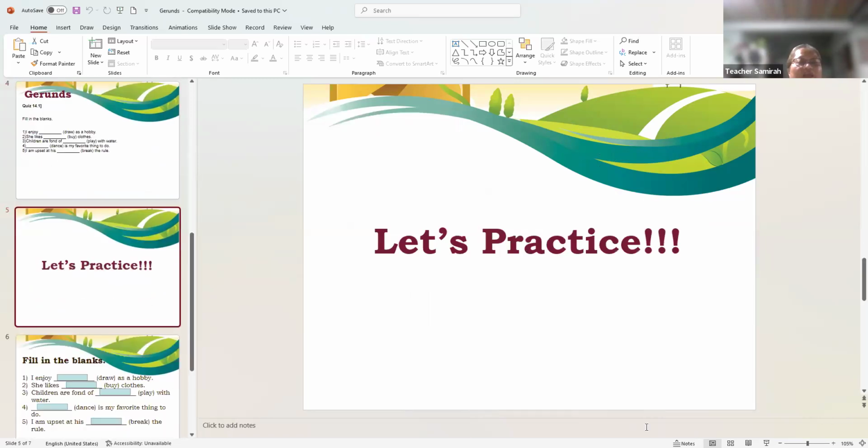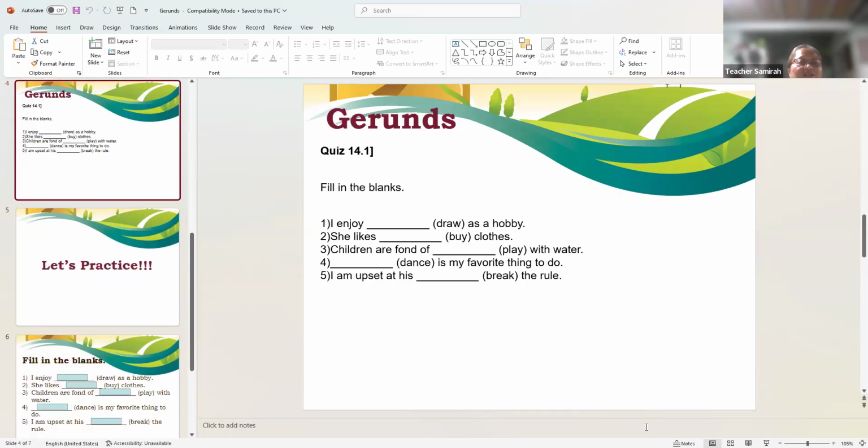So we already have this activity wherein we know that the gerund of draw is drawing. Gerund of buy is buying. How about the gerund of play? Playing. How about dance? Dancing.